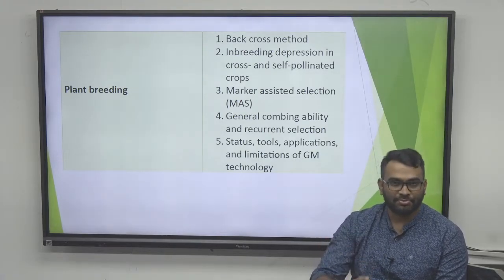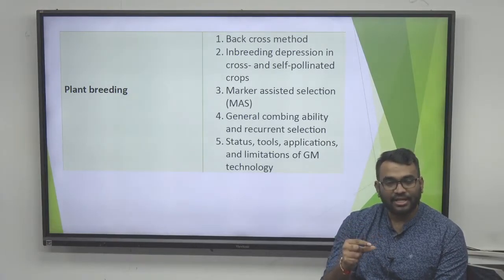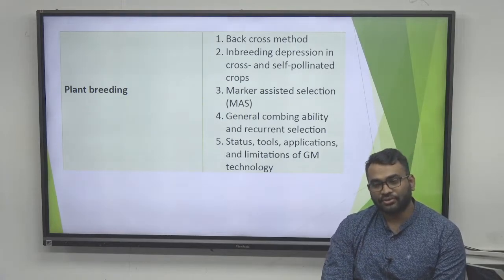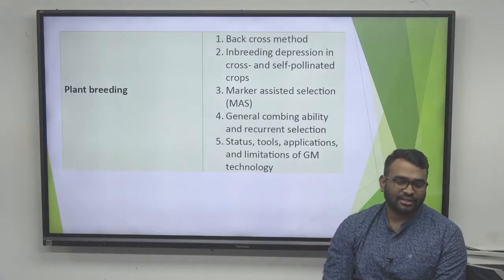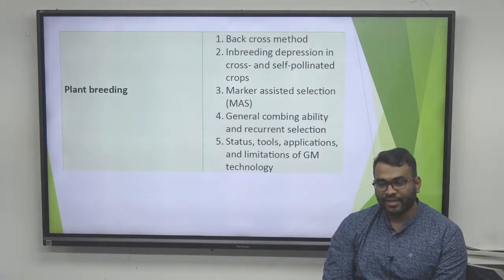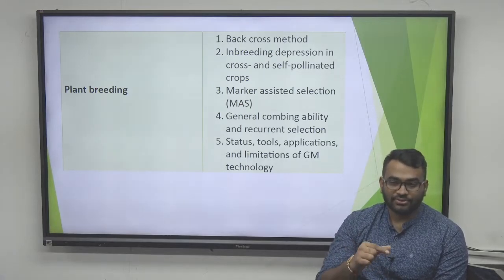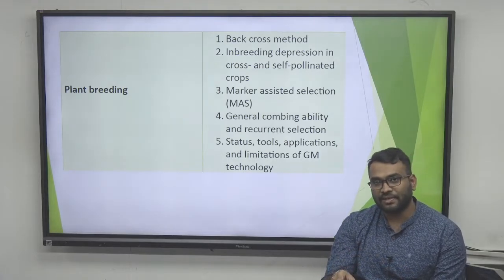If at all a little amount of selfing happens, it is going to create inbreeding depression. So susceptibility is more, the degree of tolerance is less. But in self pollination, the degree of tolerance for selfing is more. So that's why inbreeding depression is observed more in cross pollinated crops than in self pollinated crops.